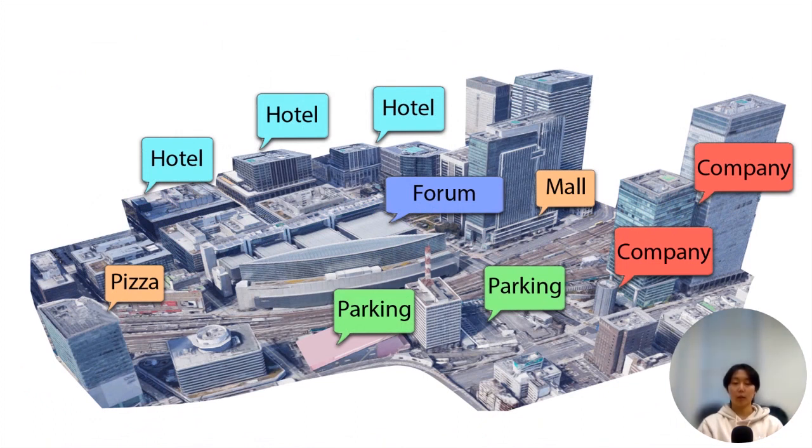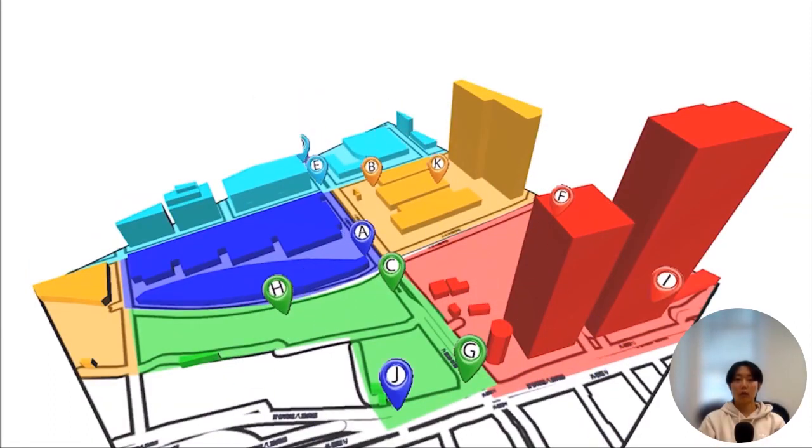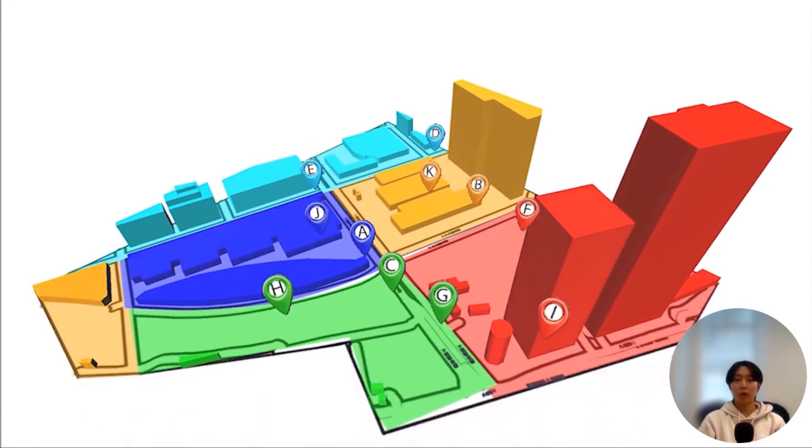In the center of the city area, there are several different zone types, which are hotel, parking, company, and so on. In the initial stage of optimization, all event nodes are randomly distributed, but as the optimization process goes on, the navigation graph places each node in the appropriate zone type and a reasonable walking distance.